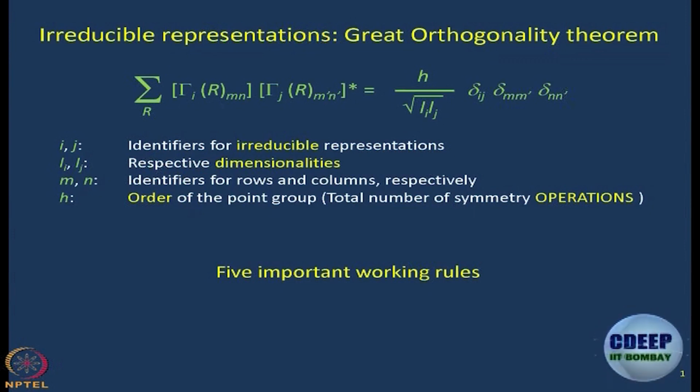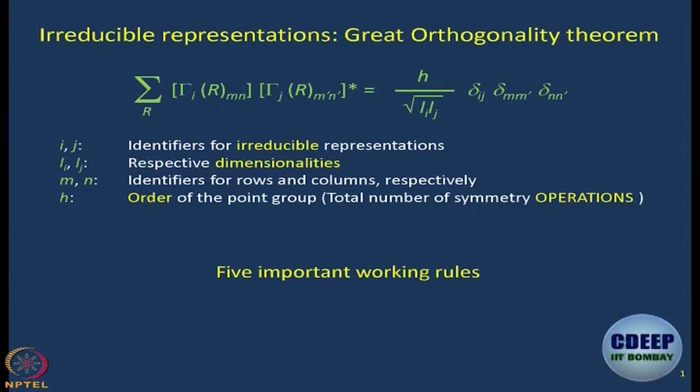Clear? Now, what else do we have multiplied by it? Delta ij, delta mm dash, delta nn dash. You know by now, by virtue of having done quantum chemistry, quantum mechanics courses, what is the meaning of delta? Suppose delta ij, what does that mean? Simple mathematical answer.